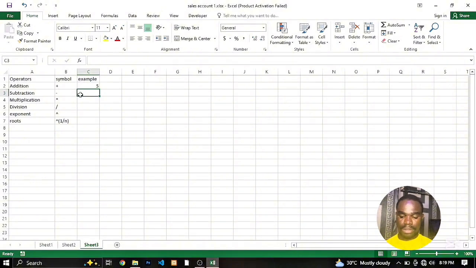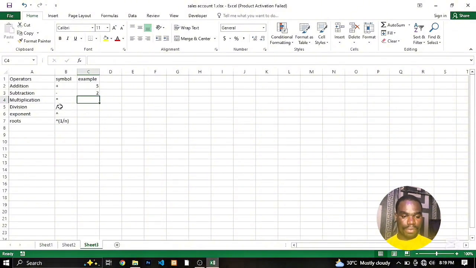Let's go to subtraction. Equal to 3 minus 1. Something like this, then you hit the enter key. Then Excel will calculate it for you and write the answer. Then we have the next one, which is multiplication. For multiplication, we use the asterisk sign.